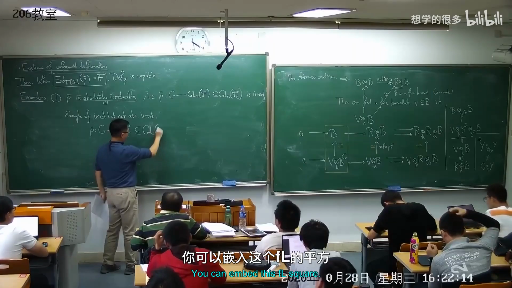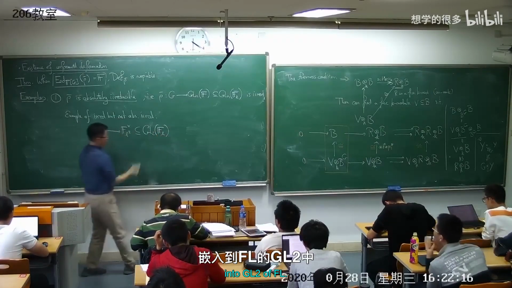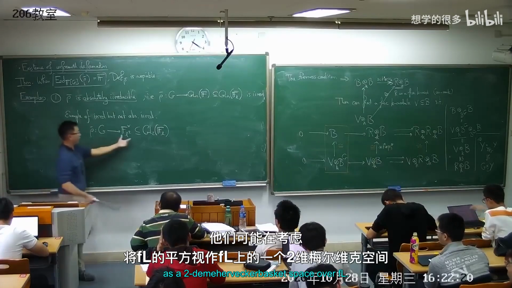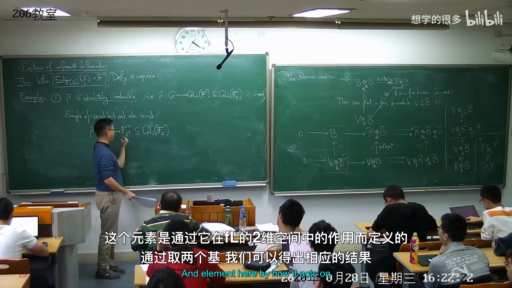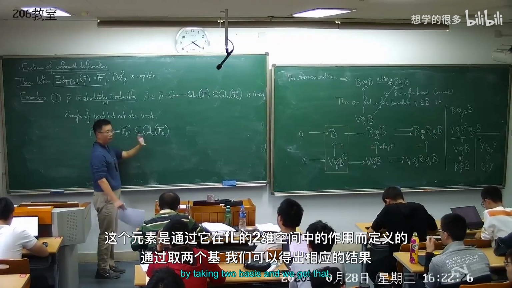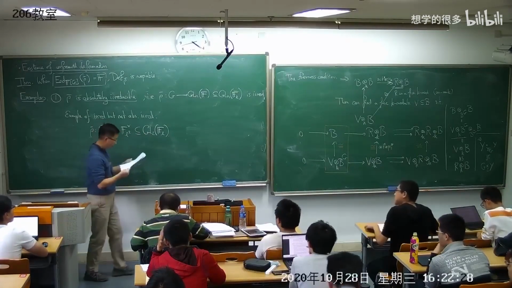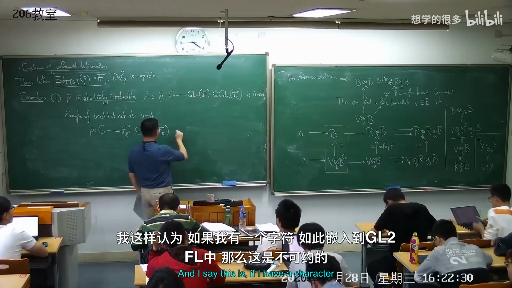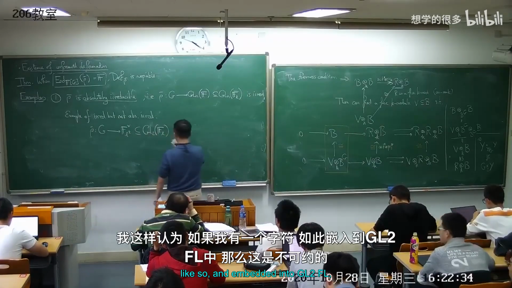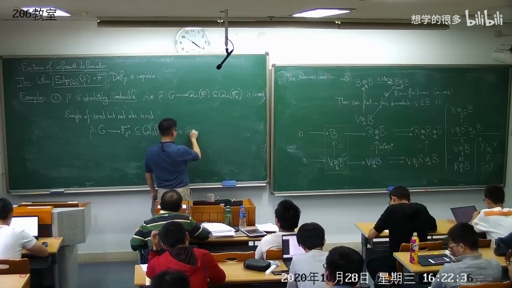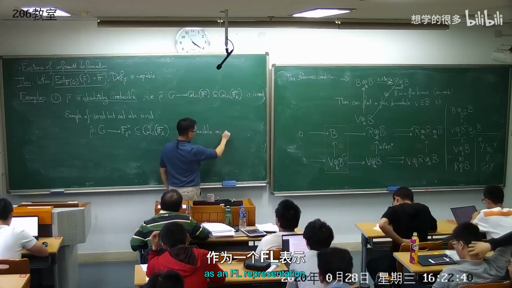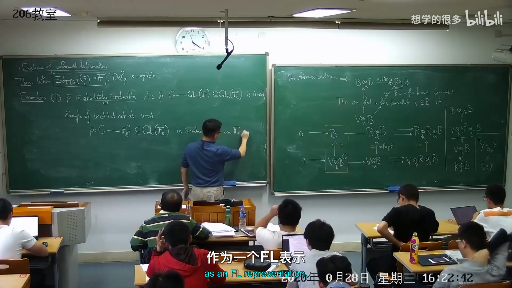You can embed this F_l squared into GL2 of F_l by thinking of F_l squared as a two-dimensional vector space over F_l, and taking how this element acts on it via two bases. If I have a character like so, embedded into GL2 F_l, this is irreducible as an F_l representation.